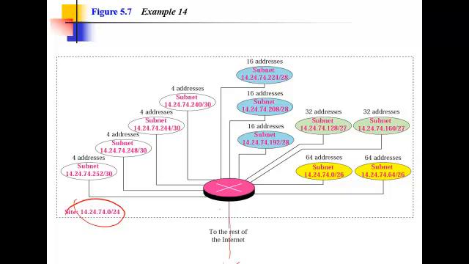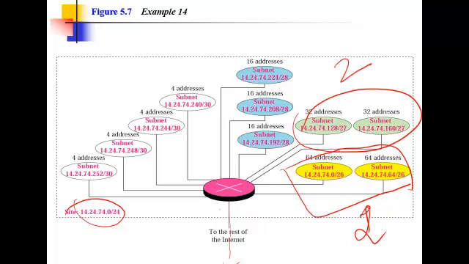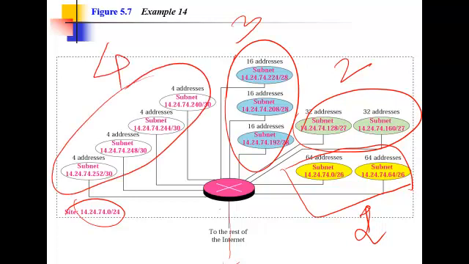And inside your network, 2 subnets of 64 addresses, then 2 of 32 addresses, 3 subnets of 16 addresses each, and 4 subnets of 4 addresses each. Now you have to define these subnets, find out the first address and then the last address and so on, as we did in the last example, but things are variable now.